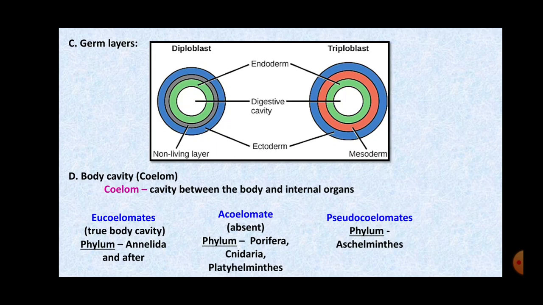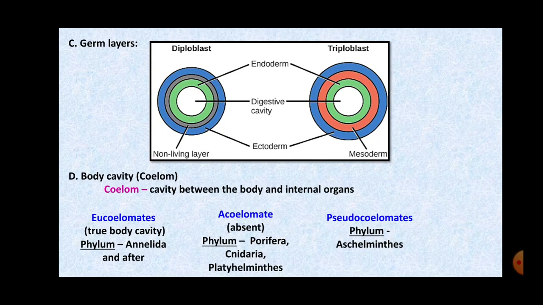So we higher animals are triploblasts. We have endoderm, the most internal germ layer, mesoderm, the one in the center, and ectoderm, the one on the outside. You can see the difference looking at the diagrammatic representation given on your screen.